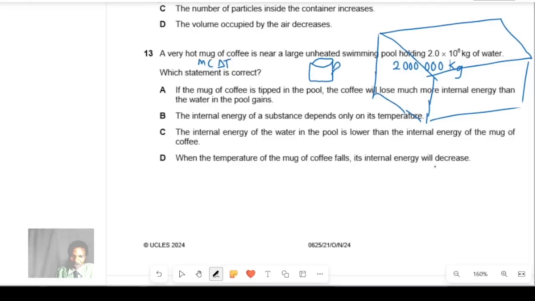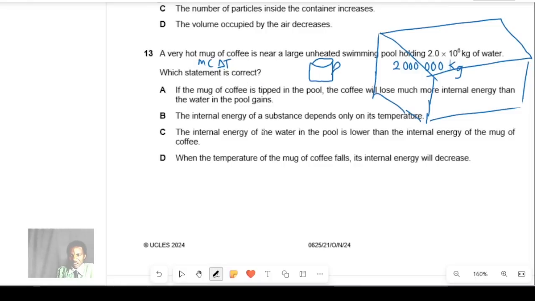So question 13. The major point here is that if we say a very hot coffee is near a large unheated pool holding this amount of water, which statement is correct?